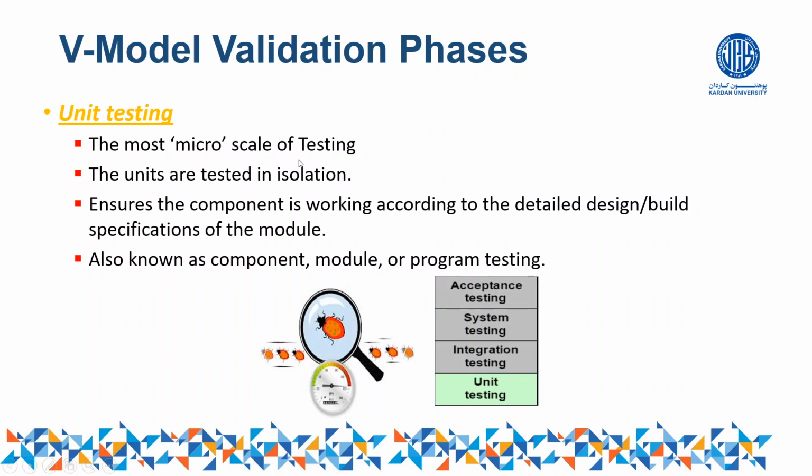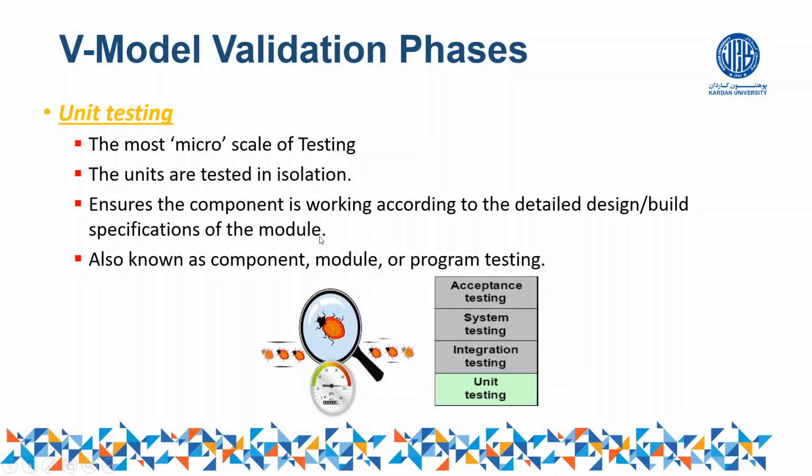It is the most micro scale of testing, basically the very low level of testing. Units are tested in isolation because we partition the software into multiple units. Every module or every unit of the software system would be tested separately, in an isolated manner, to ensure the component is working according to the detailed design specification of the module.